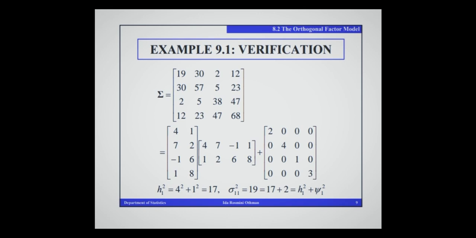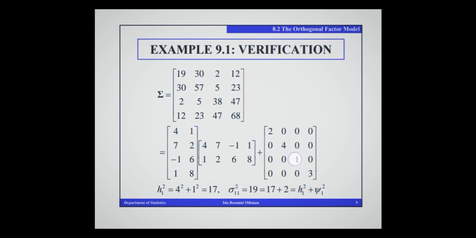So daripada example ni, kita ada 2 faktor, ada 4 variables. So 4 ni adalah L11, 1 ni adalah L12. First variable, second factor. Okay, sama juga dengan yang lain.